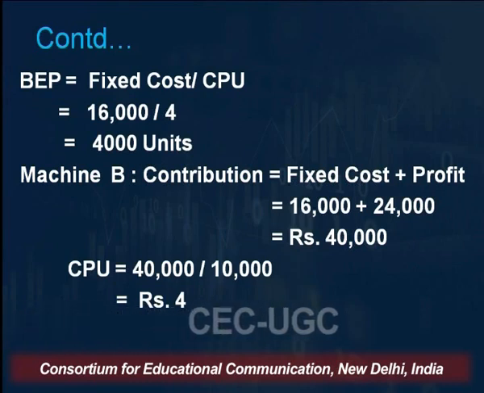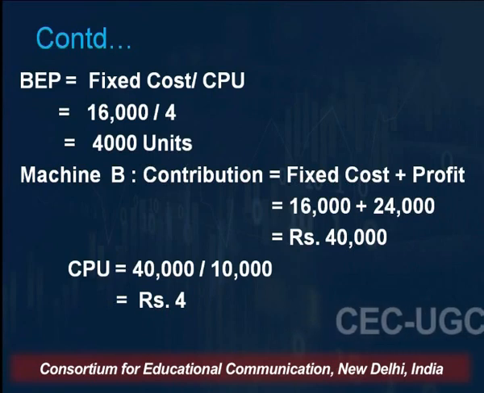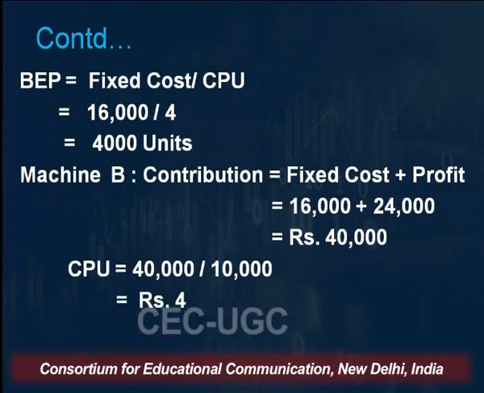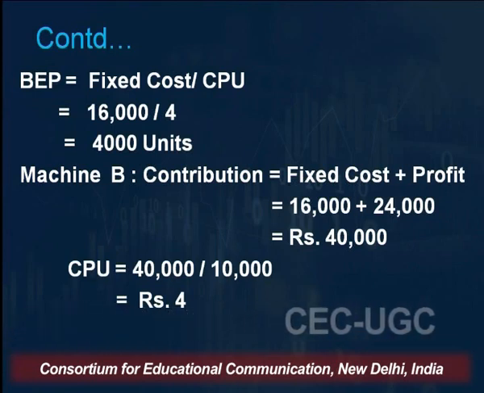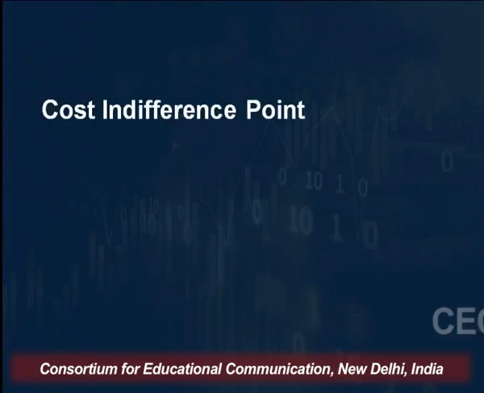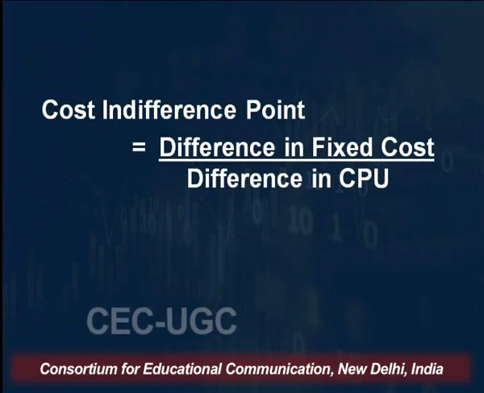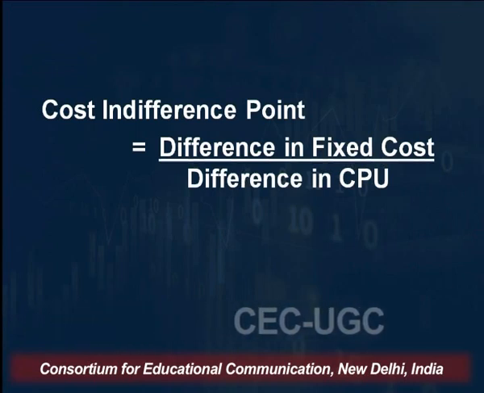Now since we have computed the break even point for both the situations, as the question was demanding, we can proceed to compute the level of output at which the cost of both the machines will be similar. So let us go for computing the cost indifference point. The formula is known to us: difference in fixed cost divided by difference in contribution per unit.